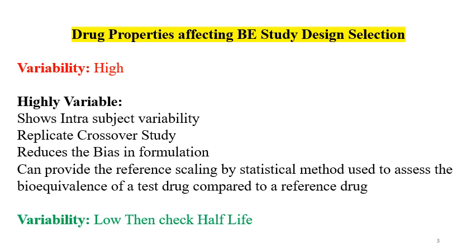And this design, that is replicate crossover design, can provide the reference scaling, a statistical method used to assess the bioequivalence of test drug compared to the reference drug. So whenever you find that the drug is highly variable, then you should think about the crossover study and not the parallel study.